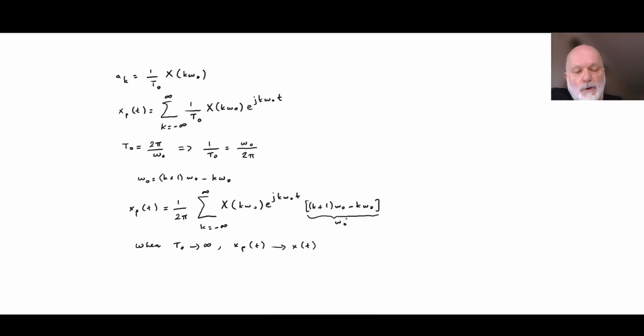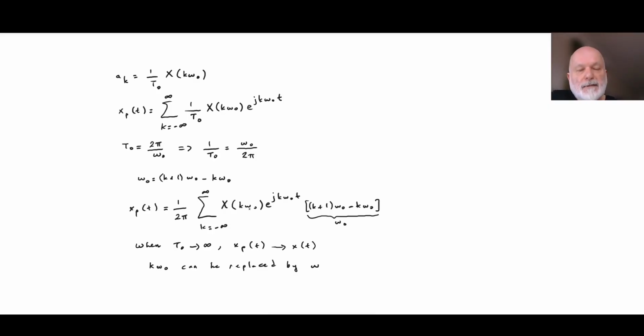Okay, so k omega 0 can be replaced by the variable omega, which is the continuous variable now, because the frequency points k omega 0 will tend to each other. K omega 0 will be very close to (k plus 1) omega 0.